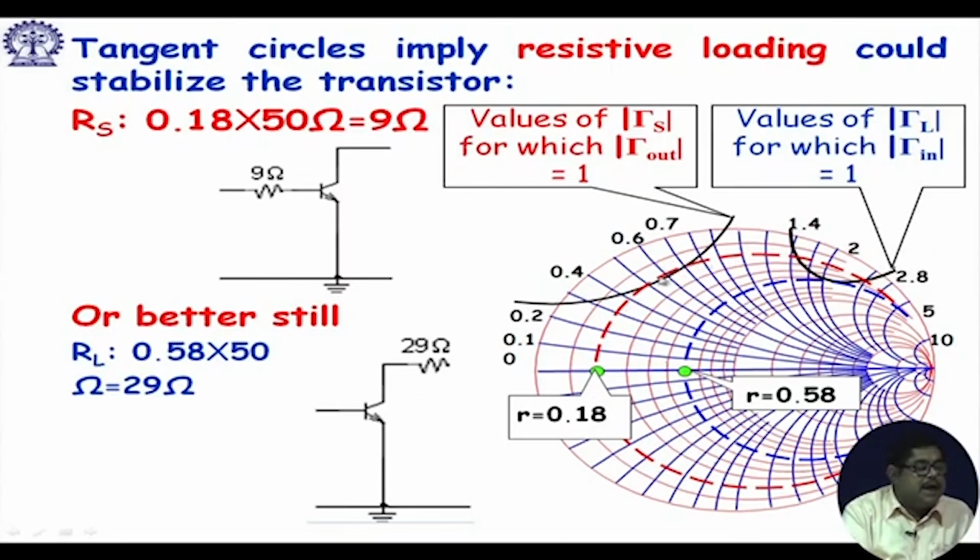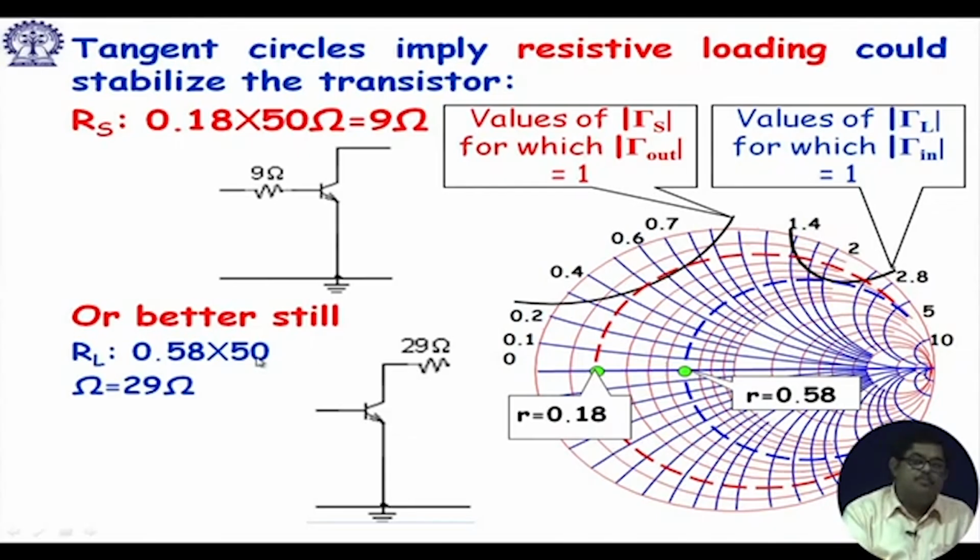The one that is tangent to the input stability circle has a normalized resistance value of 0.18.